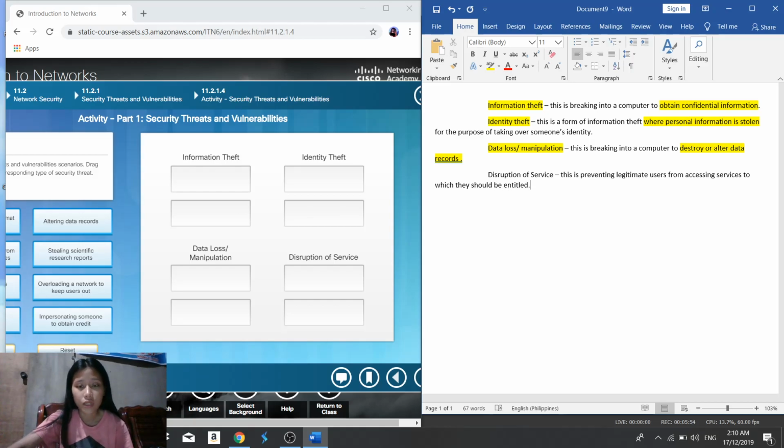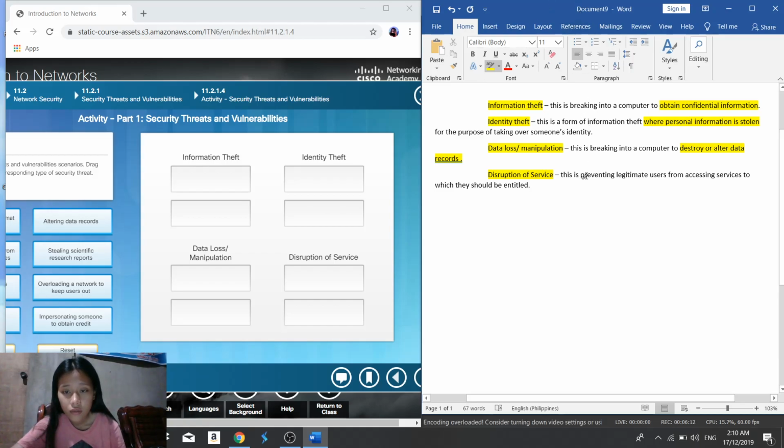As I said, this is preventing legitimate users from accessing services to which they should be entitled. I'm going to highlight this one: preventing from accessing services. So that's information theft, identity theft, data loss or manipulation, and disruption of service.